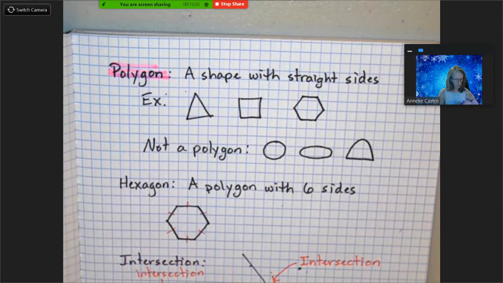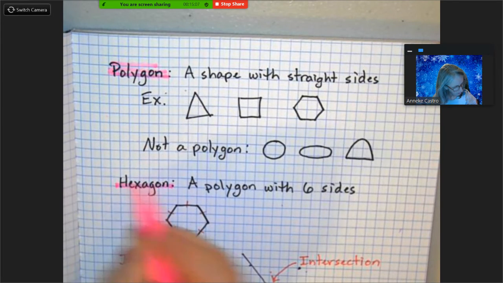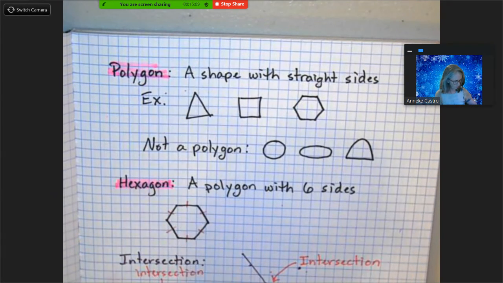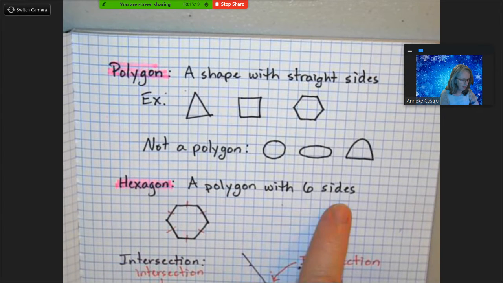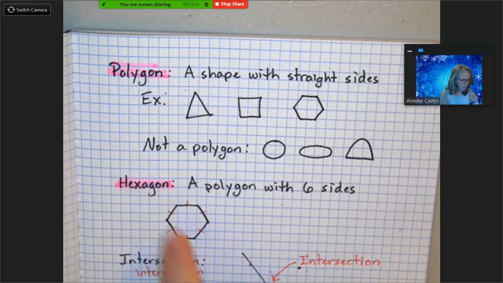This word came up also, hexagon. The last two slides in Desmos asked you to make a hexagon. A hexagon is a polygon, but it has 6 sides. So this is a polygon. 1, 2, 3, 4, 5, 6. That's a polygon.